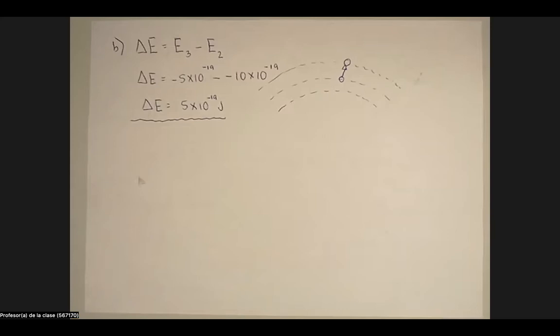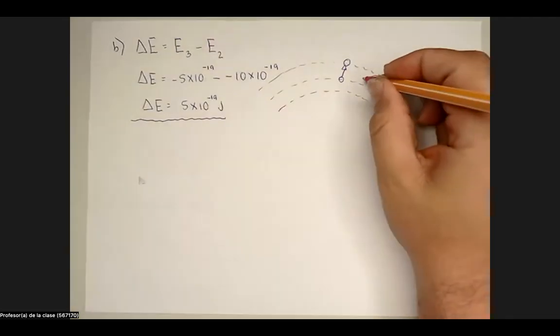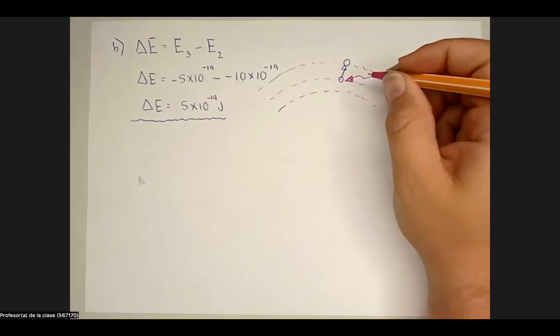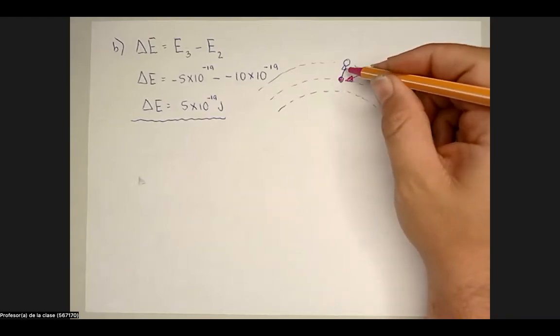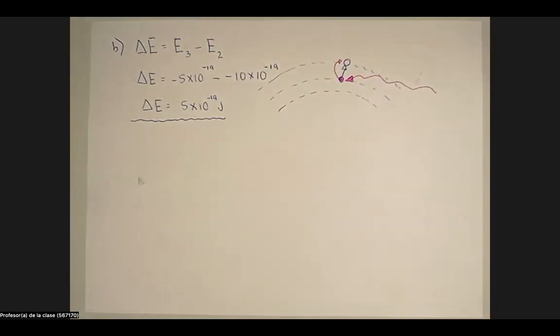It's thanks to a photon that comes here, interacts with the electron on level number 2, and the electron acquires that energy and jumps to the next level. Okay, excellent. So that will be the answer on question number 2.